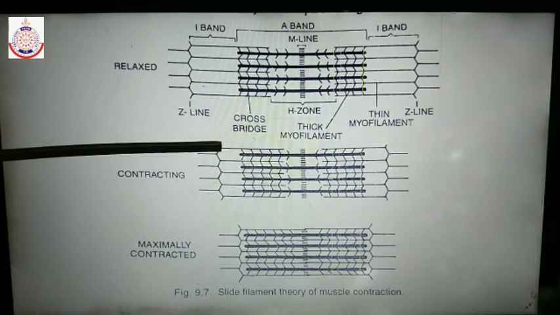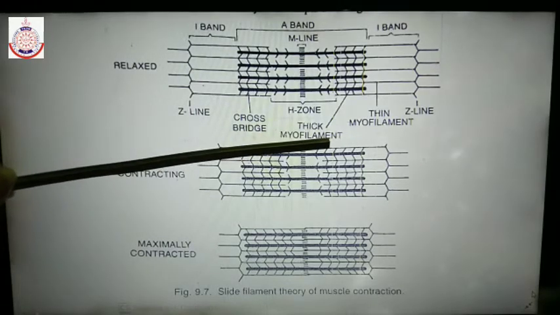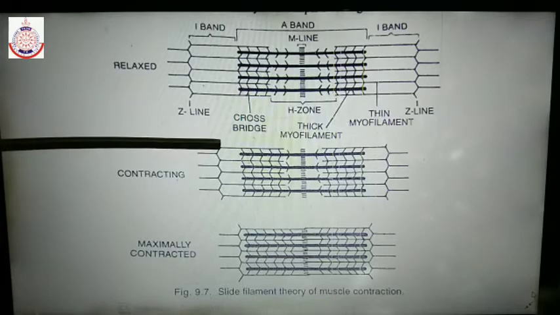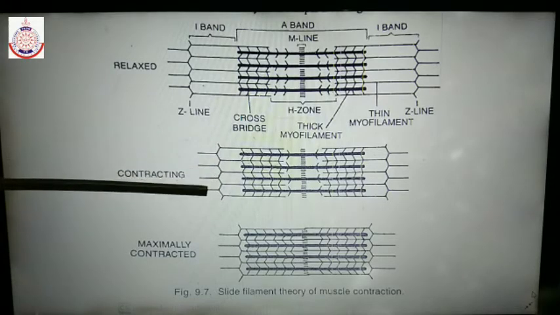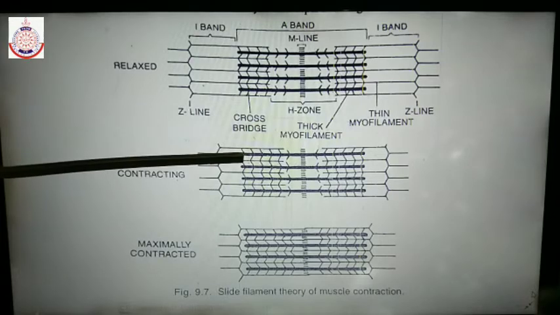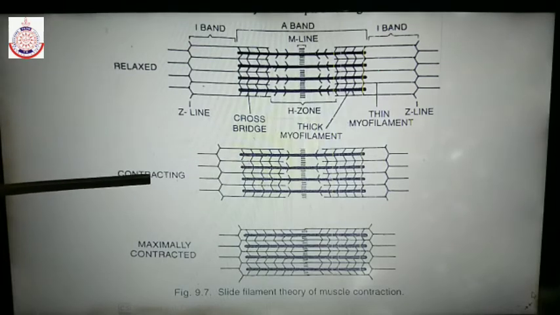So they move inward, towards the center of the A band. The Z line attached to these actins is also pulled inward, thereby causing shortening of the sarcomere, or contraction.